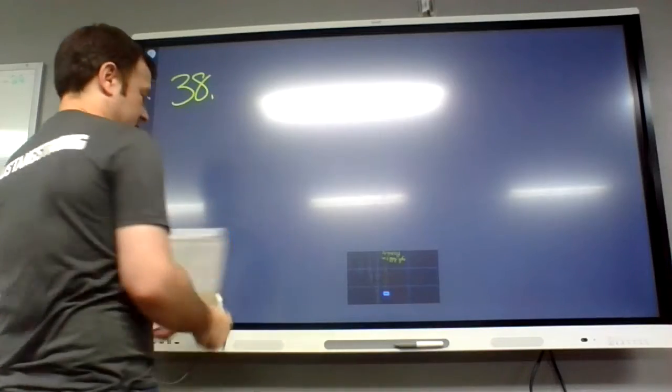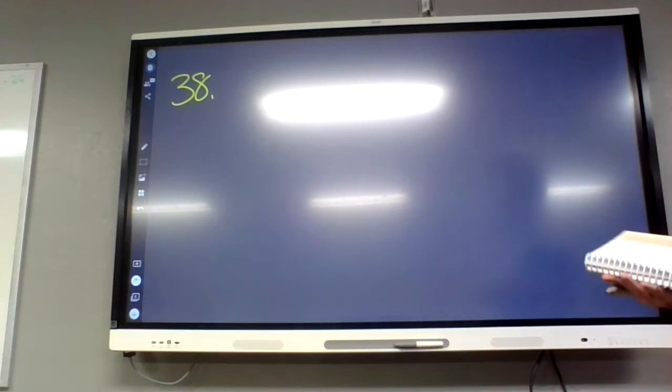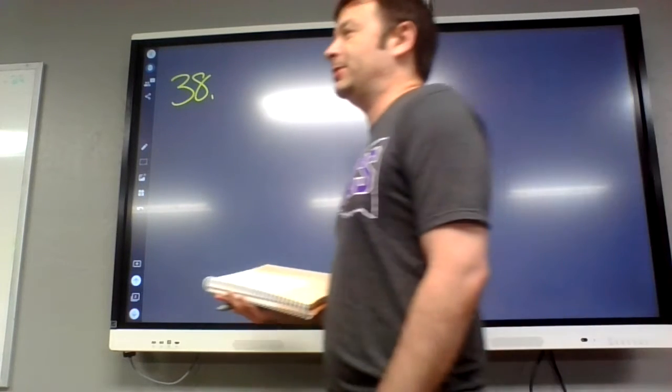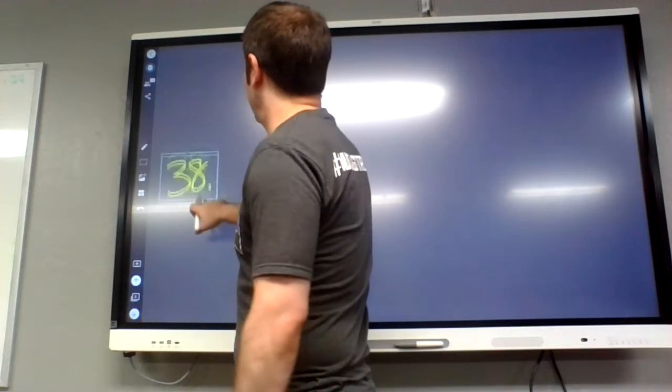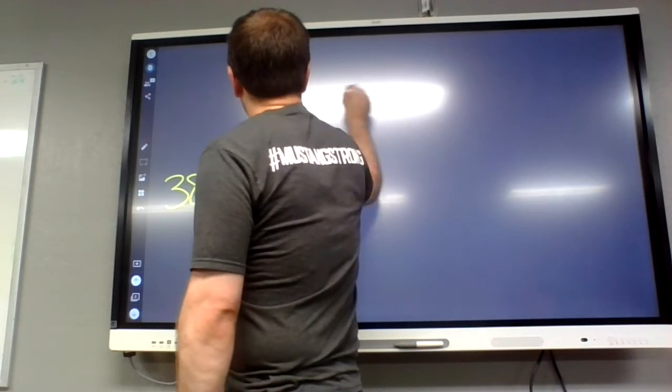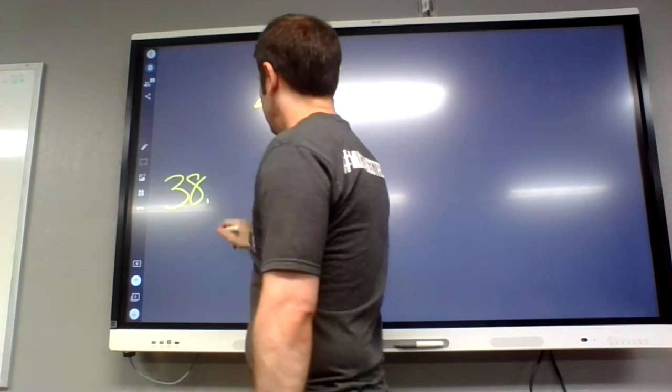38 is a proof. It says given angle 1 is equal to angle 3. But it's not a fill in the blank proof like we did yesterday. It's make your own from scratch proof. So, do you guys remember what goes at the top of the proof? The give and get.